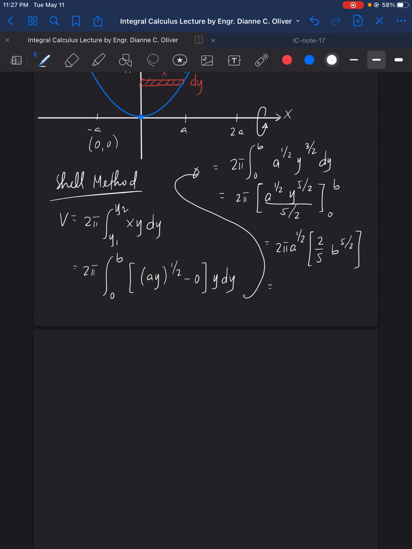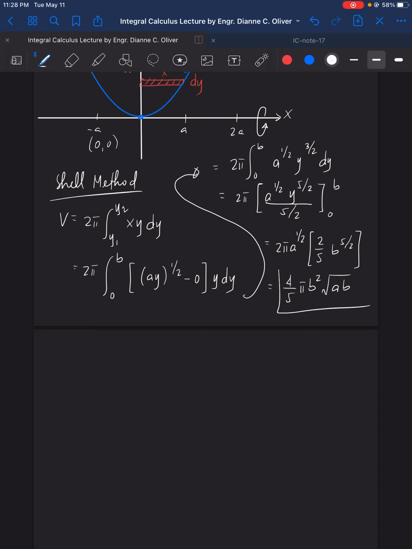So therefore, we can have the volume as 4 over 5 pi, then 5/2 minus 1/2 is 4 over 2. That is b squared. Then what's left is ab.